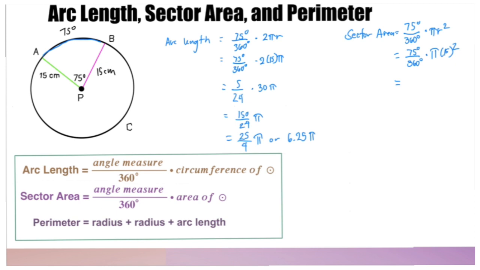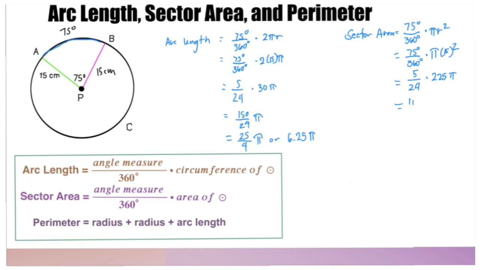So this will be 5 over 24 times 225 pi. Then we'll multiply 225 to the fraction. So we're going to have 225 times 5.